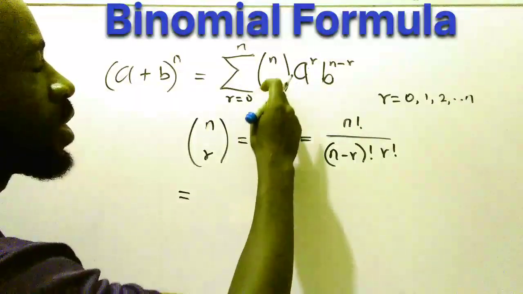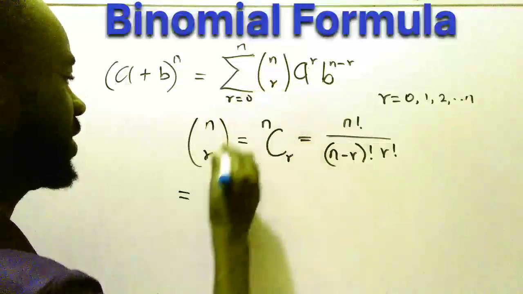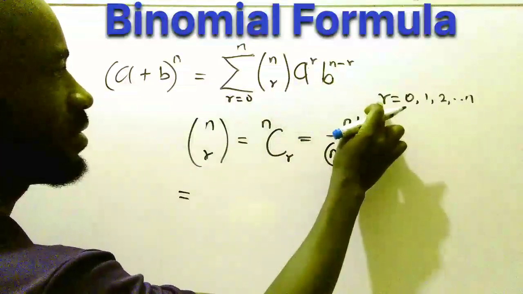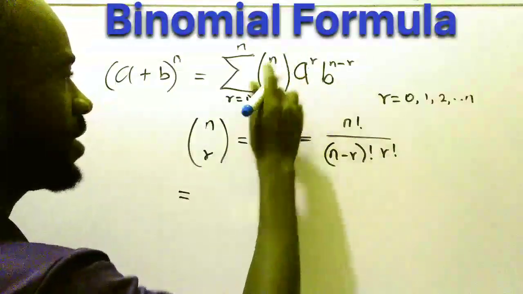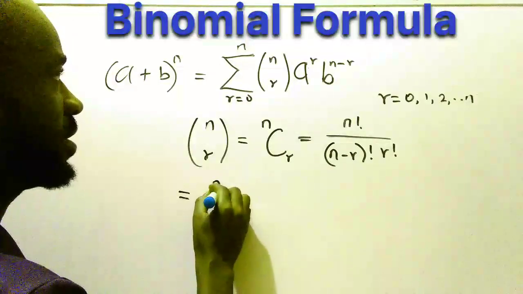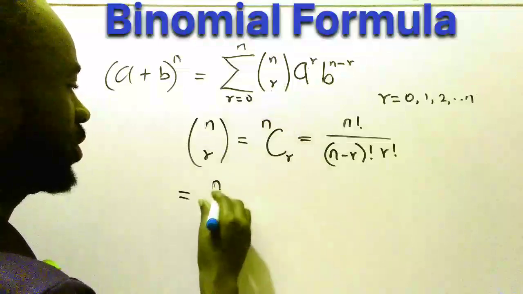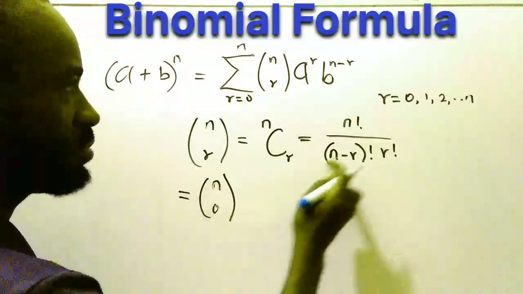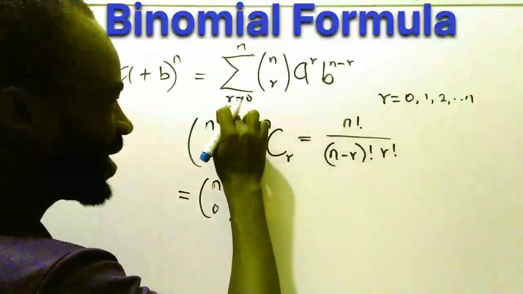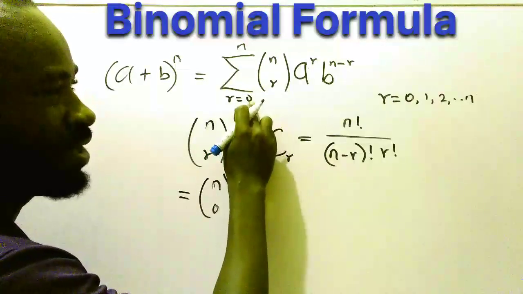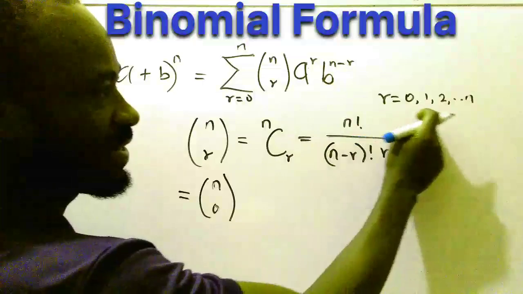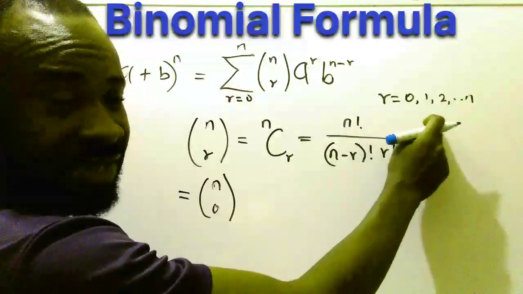So let's go. Now our n is still n. I'm starting with the first, r equal to 0. So we're going to have n combination 0. Remember, this takes the value of r from 0 to n, just as I have highlighted here.